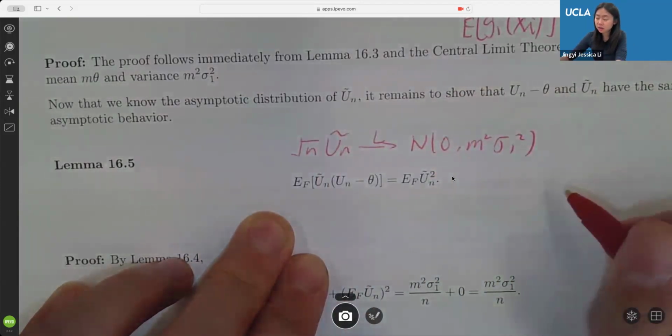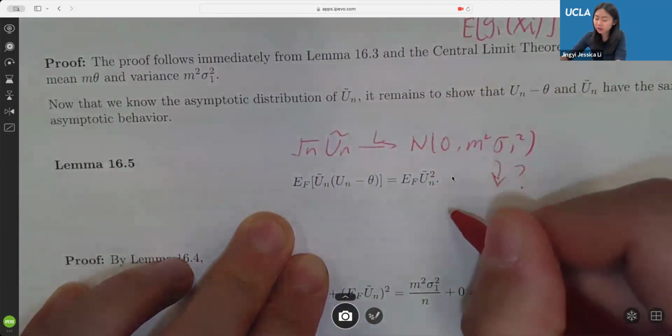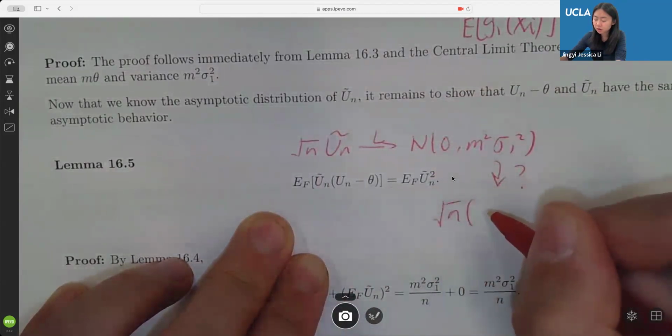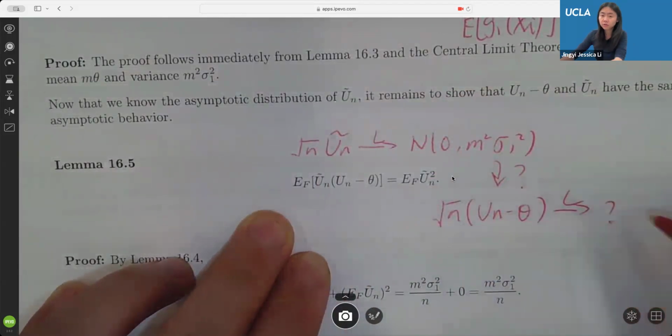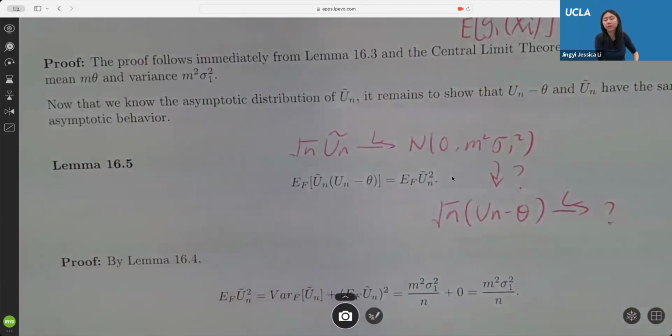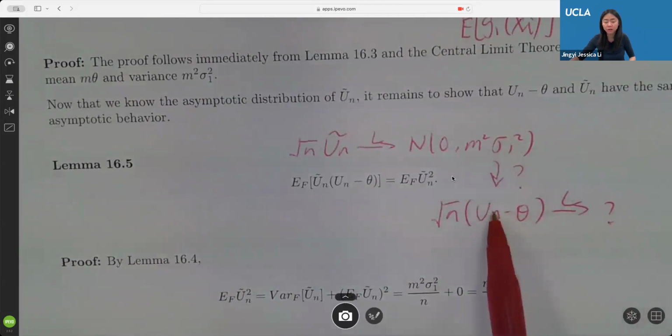So given this, what can we say about the asymptotic distribution of U_n minus theta? Okay, so to answer this question, this lemma is trying to give us some coupling, right? How these two things are joined. And I will say this is a technical lemma. We need that for going from here to here.